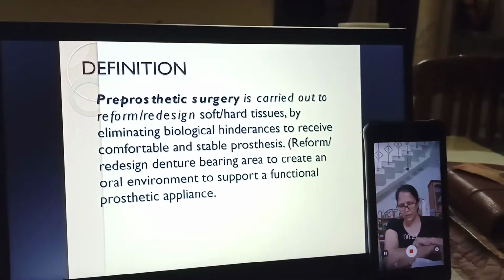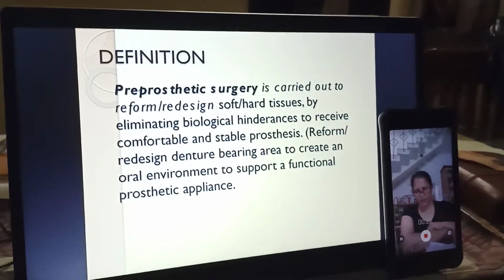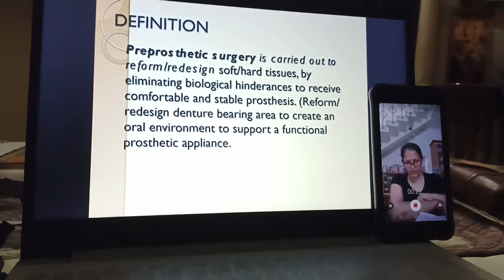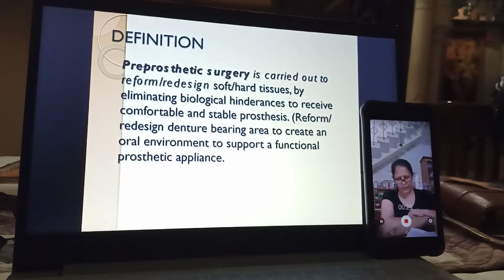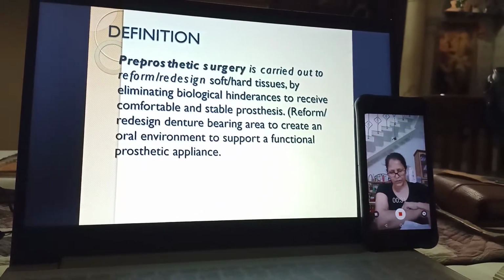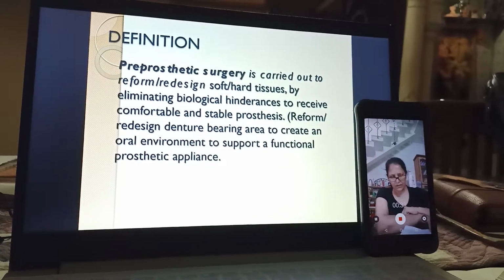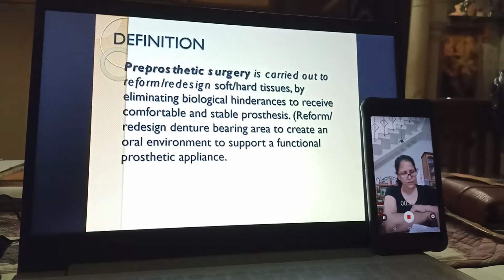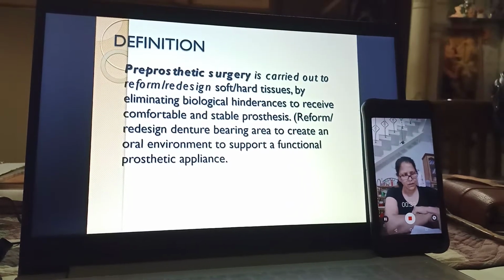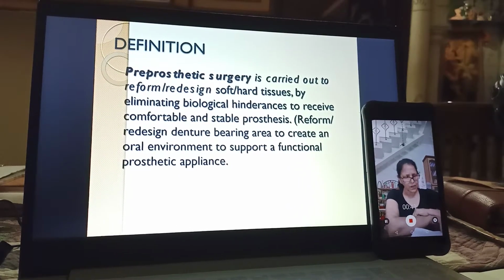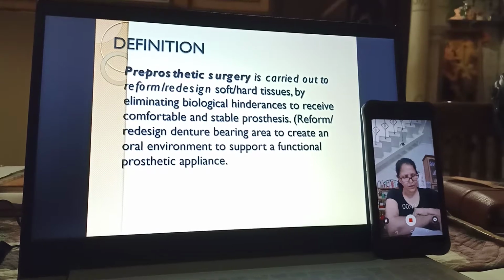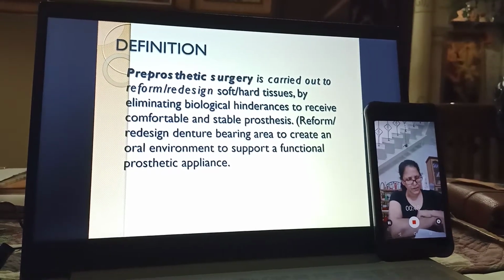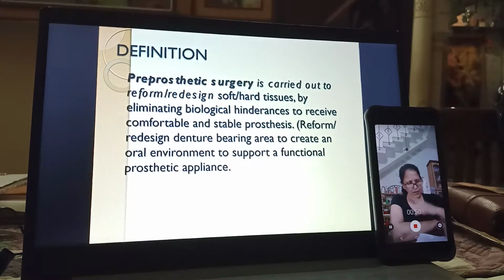In maxilla, it is alveolar ridges, labial and buccal vestibule, palatal vault, frenal muscle attachments, maxillary tuberosity, nasal and maxillary sinus floor. While in mandible, it comprises mandibular alveolar ridges, labial, lingual vestibule, retromolar area, mylohyoid ridges, frenal muscle attachments, genial tubercles, mental nerve.